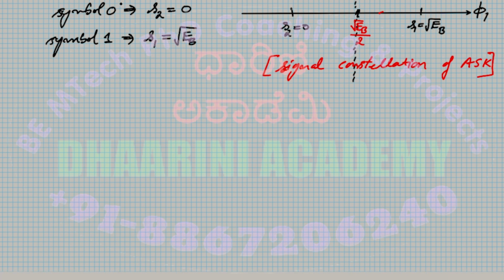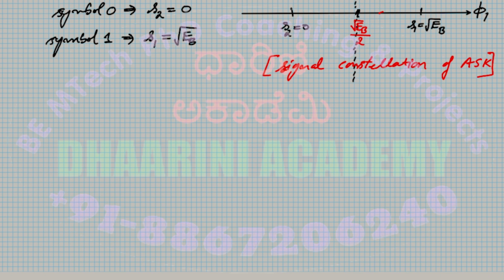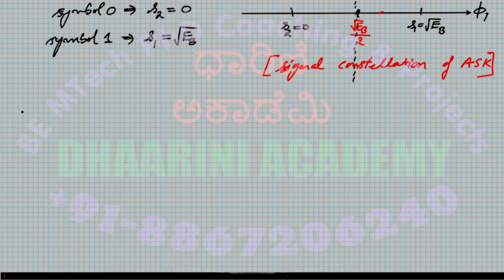That's the next topic, because we want to look at how much power you are going to put and at what frequency. So we have to check that as well. So let's go for the next topic, that is PSD of ASK.